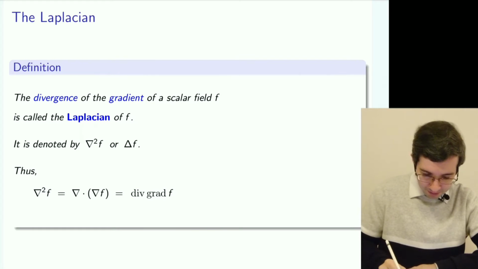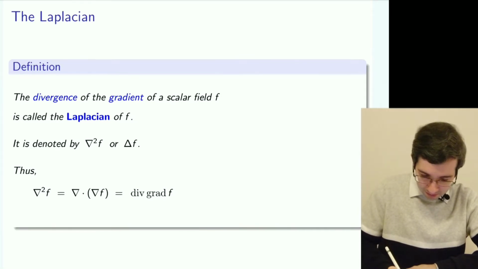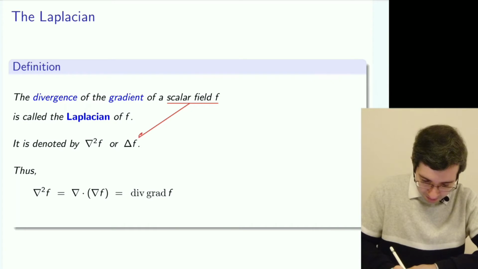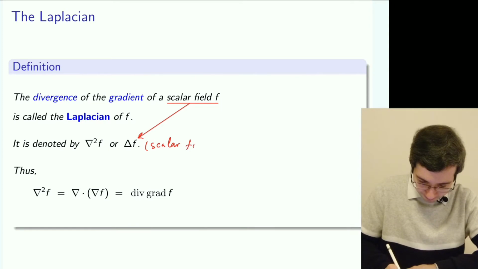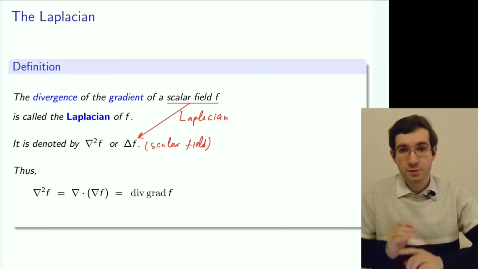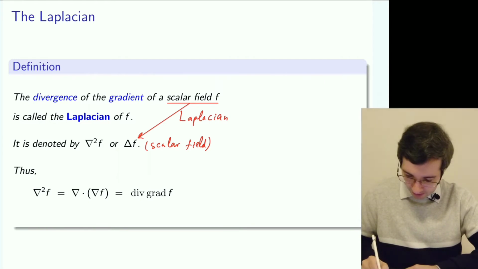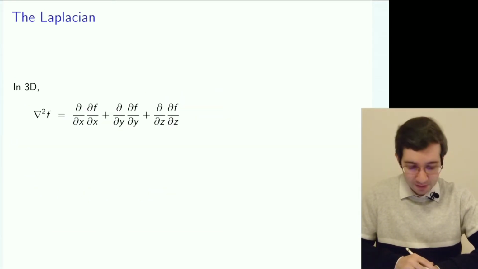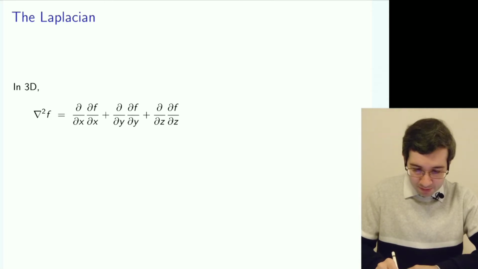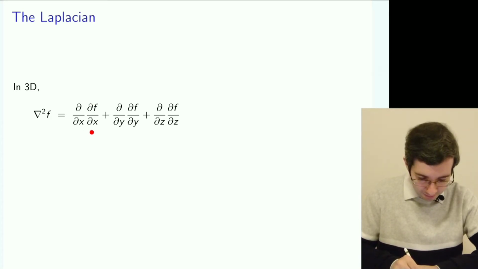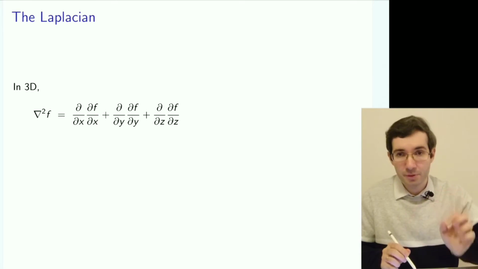So that's important, that the scalar field f generates a Laplacian which is also a scalar field. So this is a thing to bear in mind. And in 3 dimensions, you can write it down explicitly by taking these things component by component.